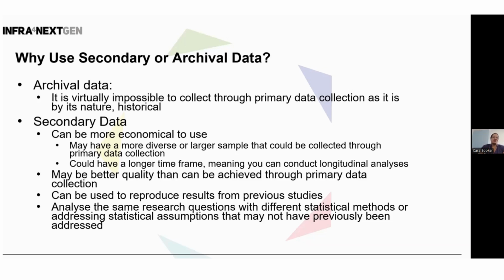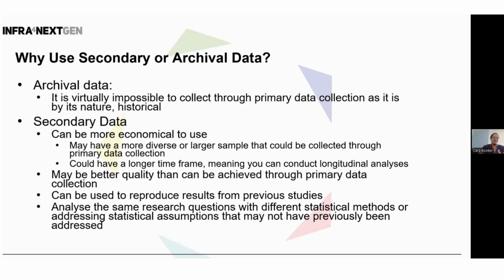You might be able to get better quality through secondary data if you're using some of these large data sets that have a lot of funding behind them that are able to navigate some of the pitfalls that you have in collecting primary data, so the quality of the data might be better. You can use that data to reproduce results from previous studies.